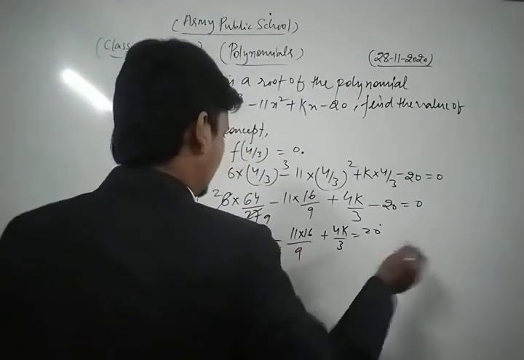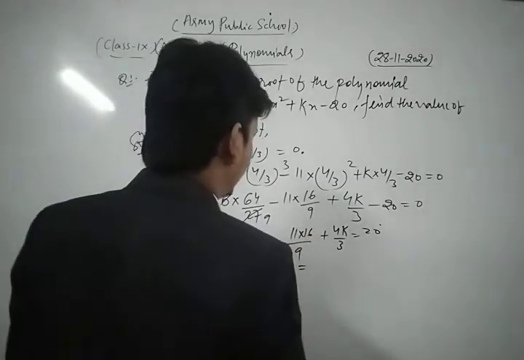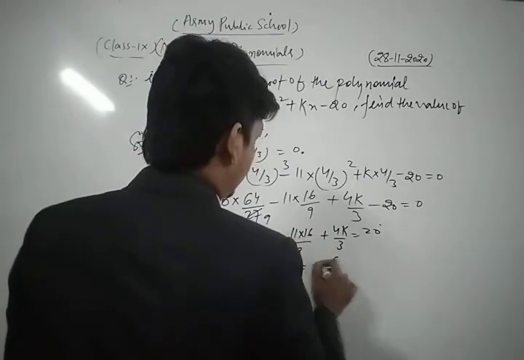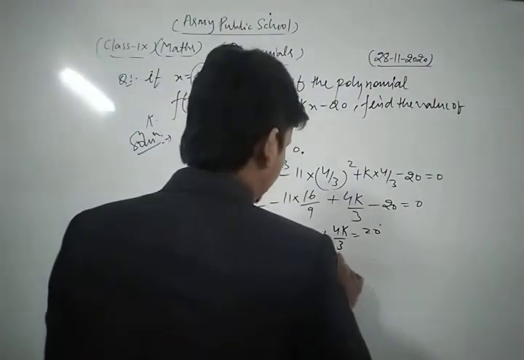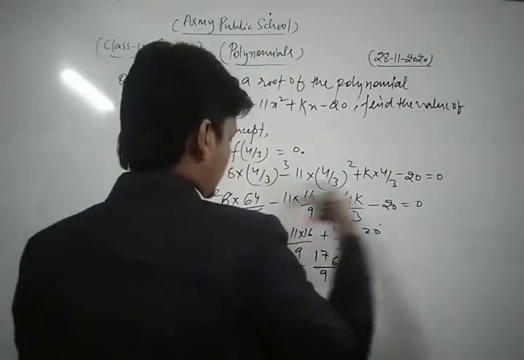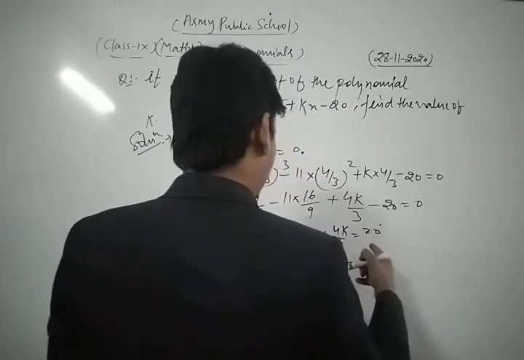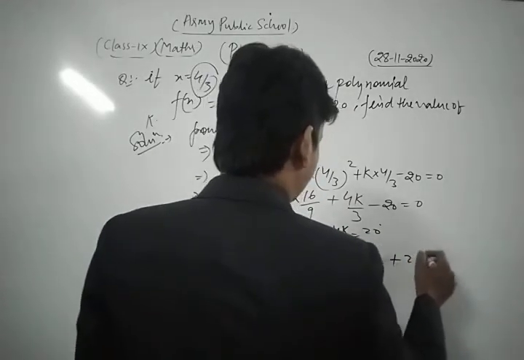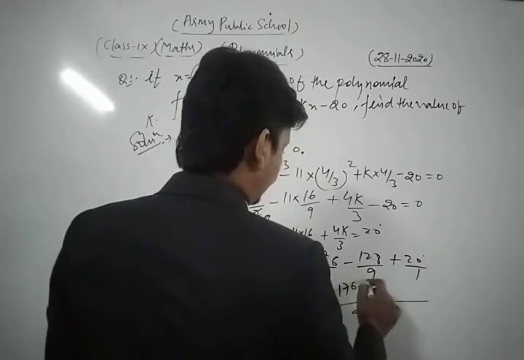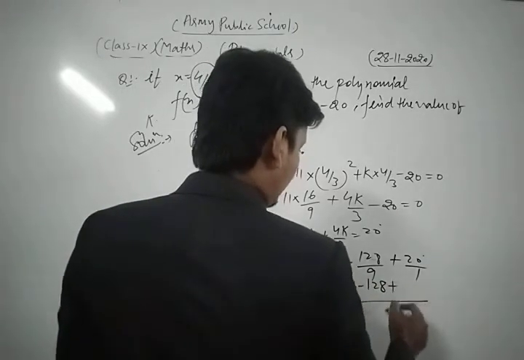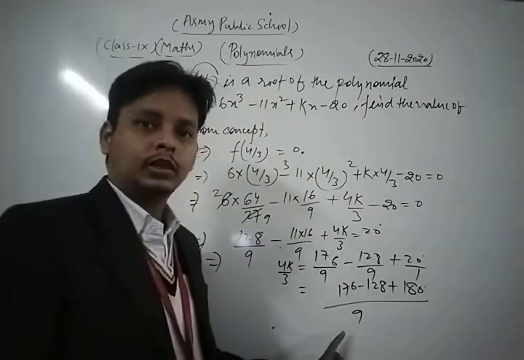Now we transfer all that side, so 4k upon 3 is equal to 176 upon 9 plus, transfer that side, minus 128 upon 9 and plus 20 already on that side. And now we take 9 as the LCM, so 176 minus 128 plus 180.